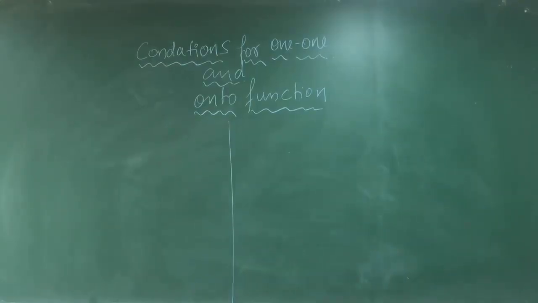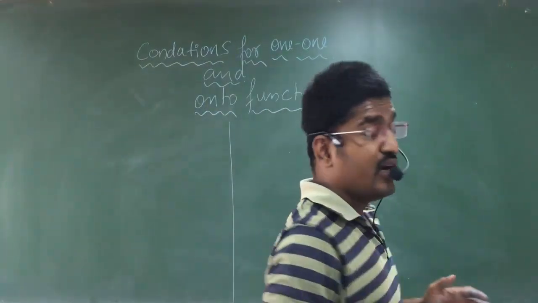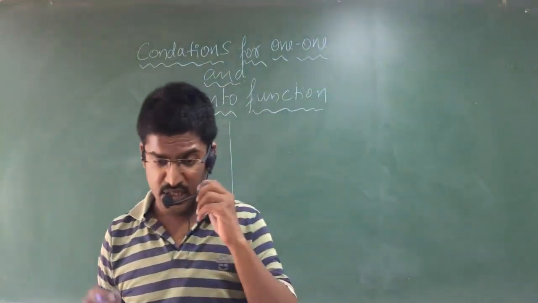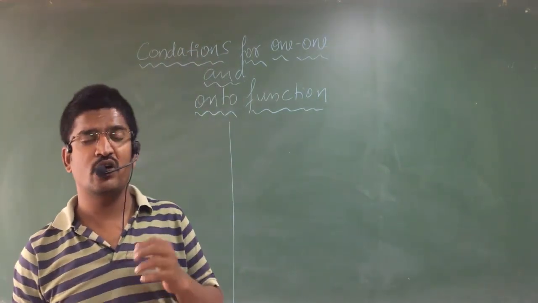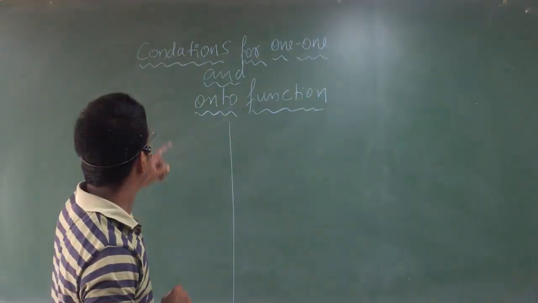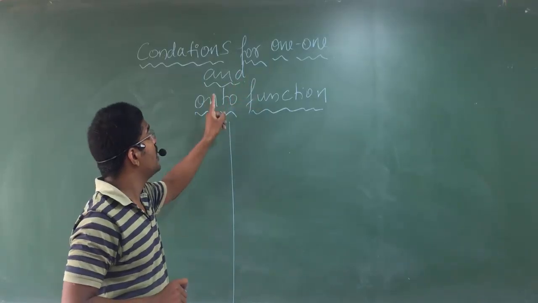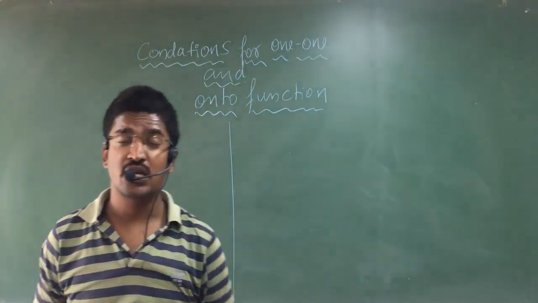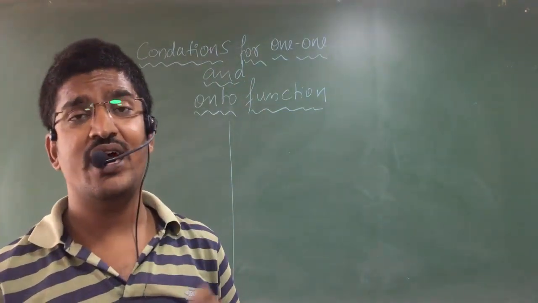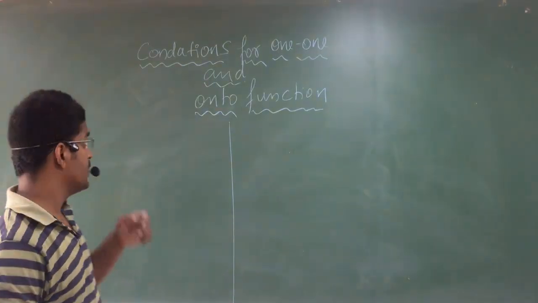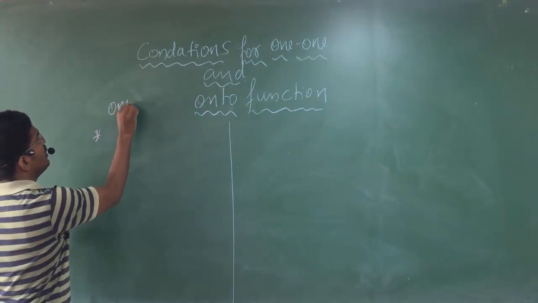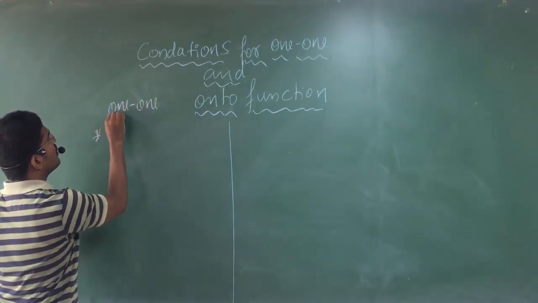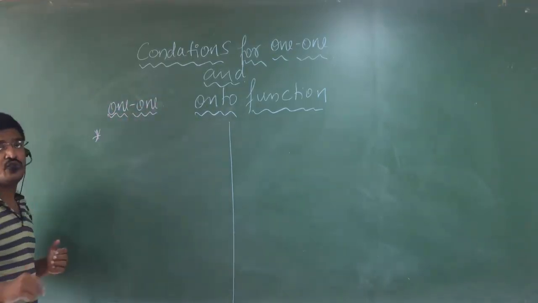Okay students, so now let us summarize the things of one-one and onto. That is, the conditions for one-one and onto functions. See here. First thing, for one-one, what we have to do?